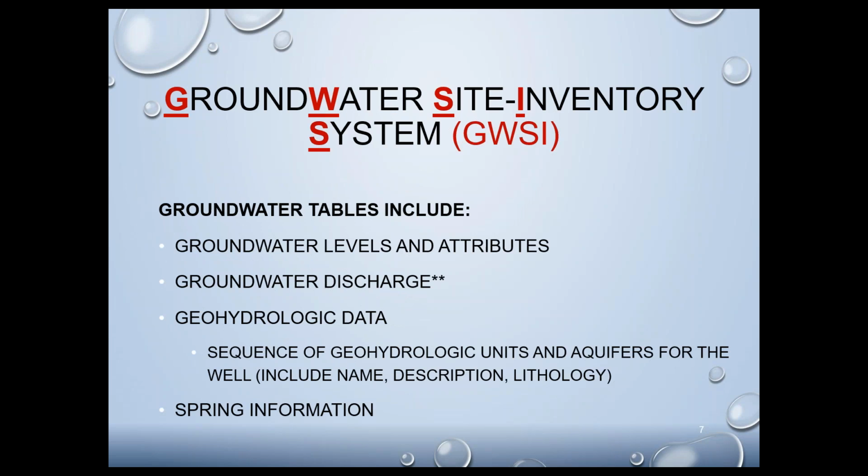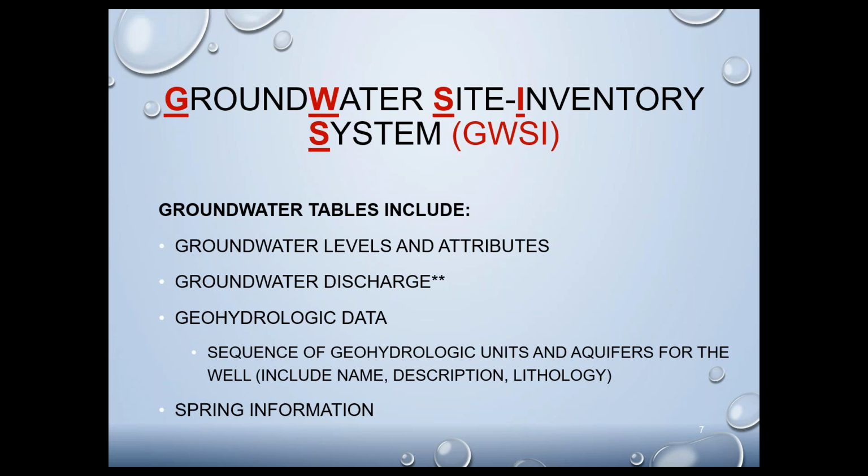So the Groundwater Site Inventory System, or GWSI. The data tables included in GWSI are groundwater levels and the attributes of those levels, groundwater discharge, geohydrologic data. This is the sequence of geohydrologic units and aquifers for the well.